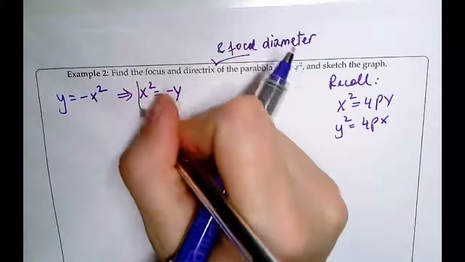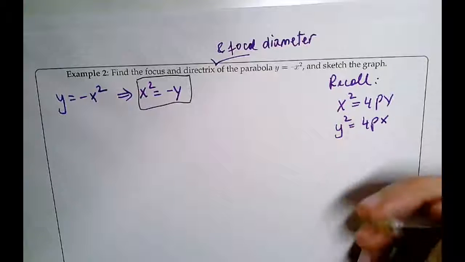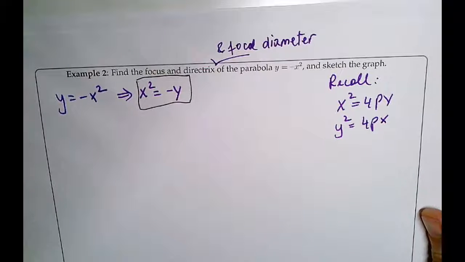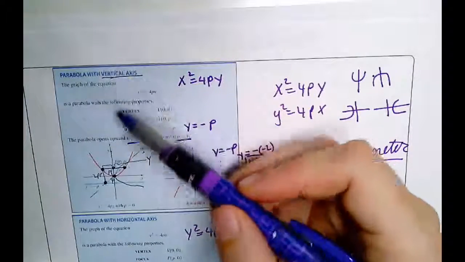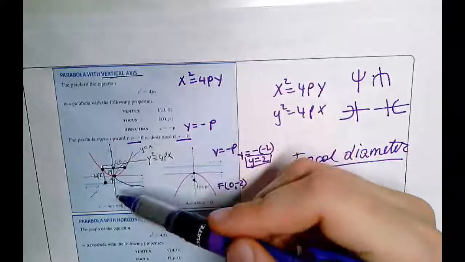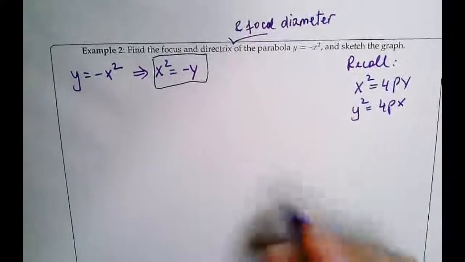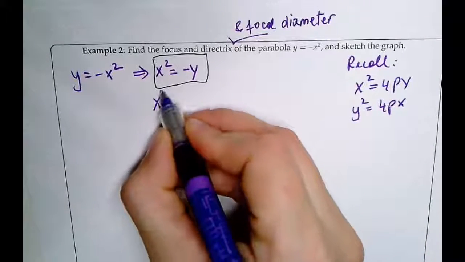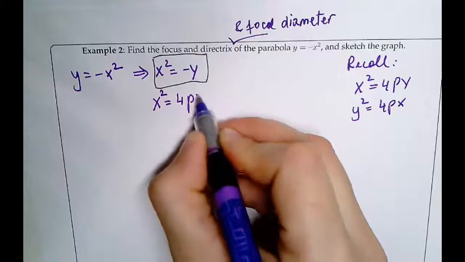So, there you go. What kind of parabola is this? Well, it's in the form x squared equals something, so it's going to be a parabola with vertical axis. So let's find p. In general, a parabola of that type is x squared equals 4py.